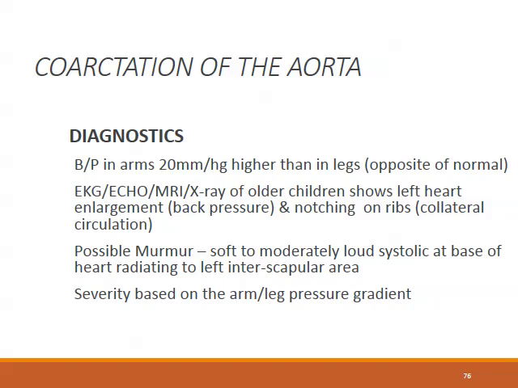So that's back pressure and collateral circulation. Now they possibly will have a murmur. It'll be soft to moderately loud, systolic at the base of the heart, radiating to the left interscapular area. Now severity is based on the arm-leg pressure gradient.